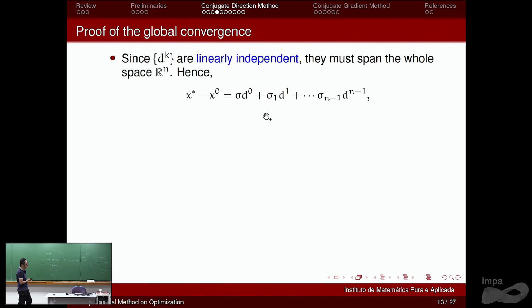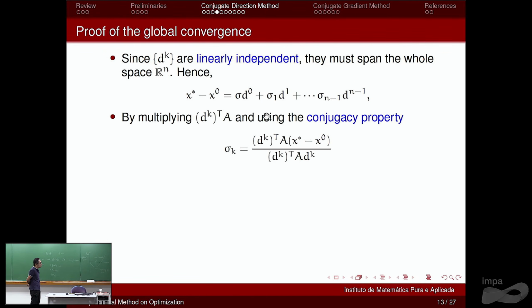Then we multiply both sides by this vector, and we use the property that D0 to Dn minus 1 are conjugate.